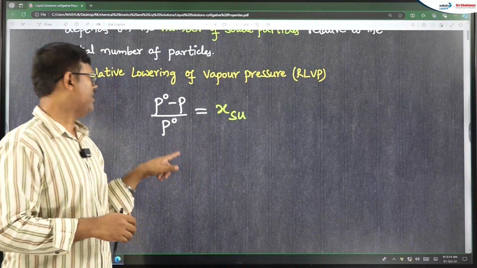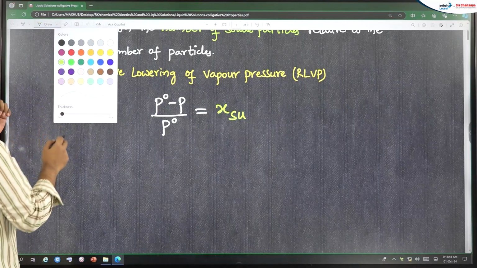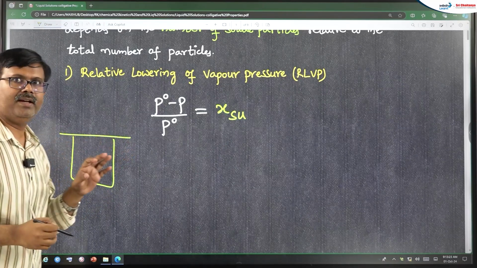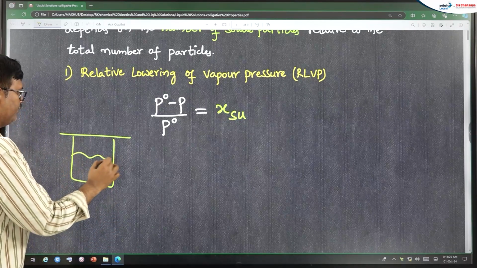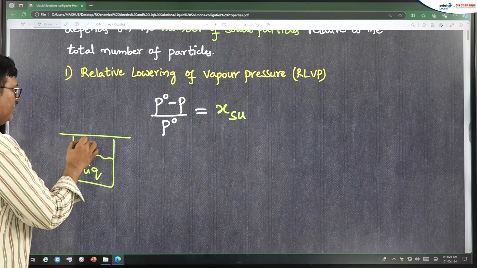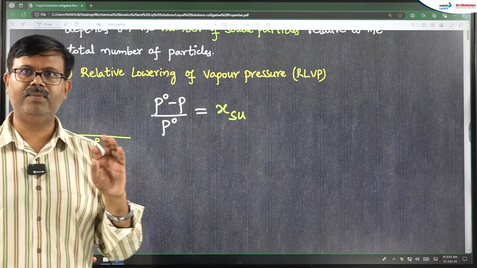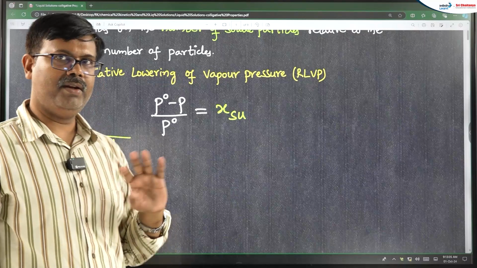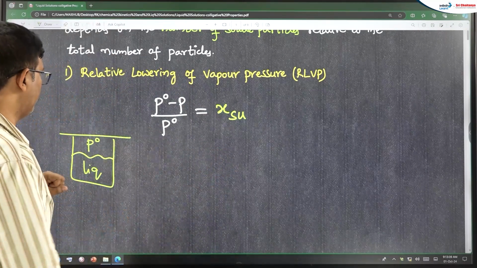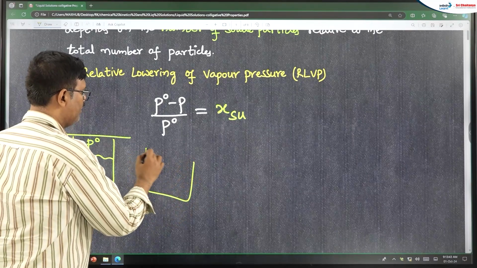Now let's see what this relative lowering of vapor pressure is. See, suppose I take a beaker and there is a liquid, and let's say P0 is the vapor pressure of that pure liquid present in the beaker. Now I have added solute in the beaker.